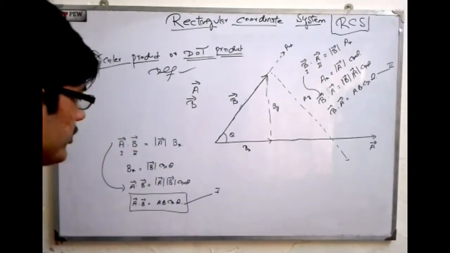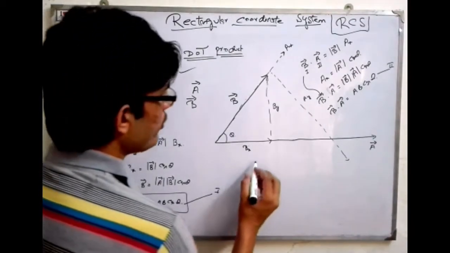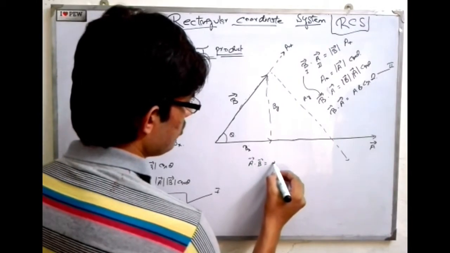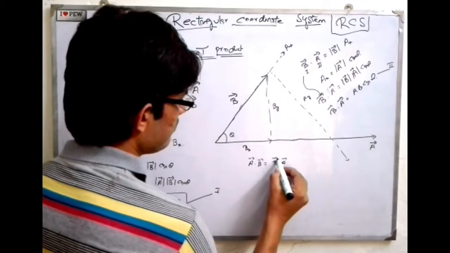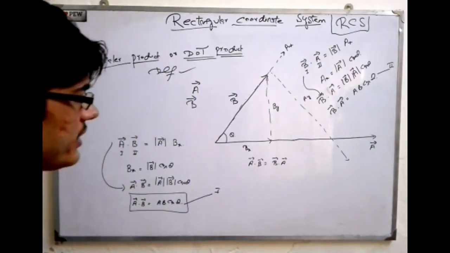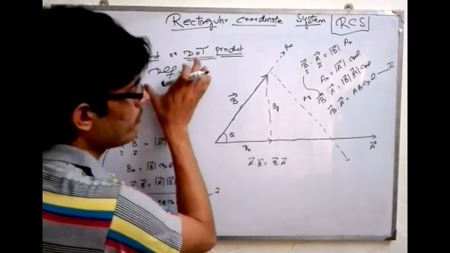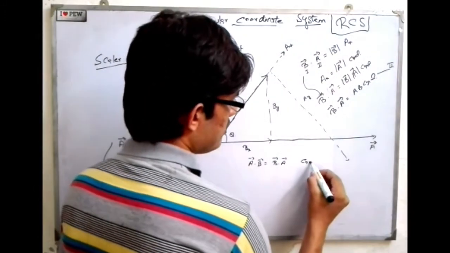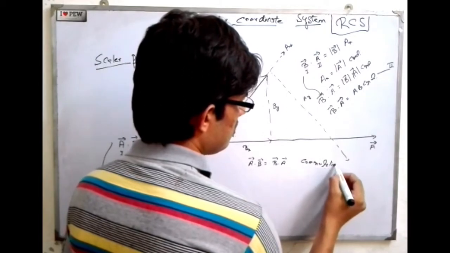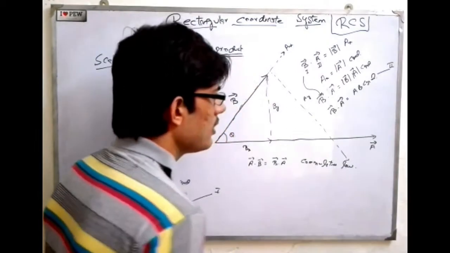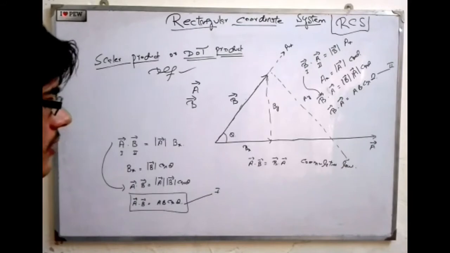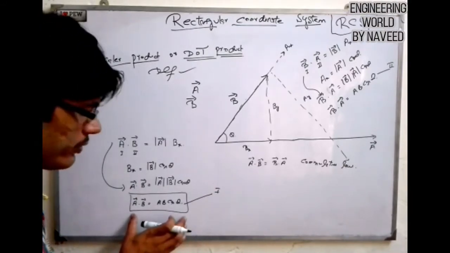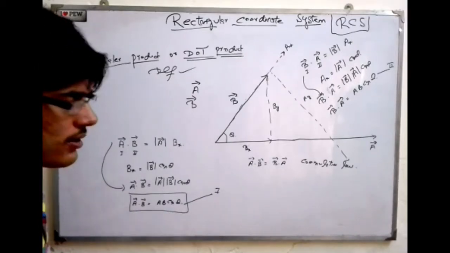If you look at equation 1 and equation 2, you can say that A dot B is equal to B dot A. Or you can say that the scalar product or dot product obeys the commutative law. Let's take this equation and solve it for different angles.